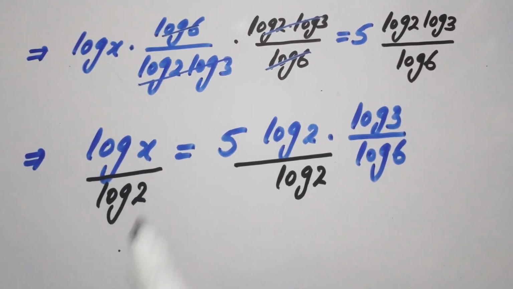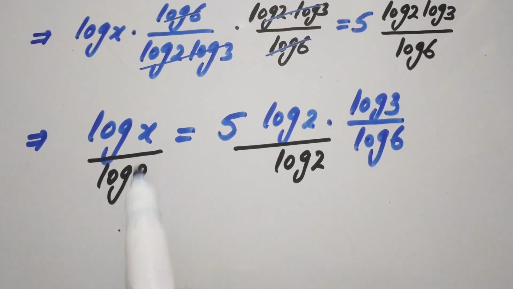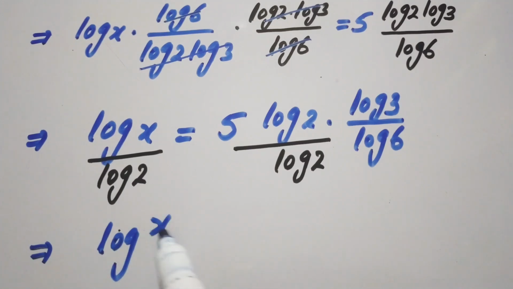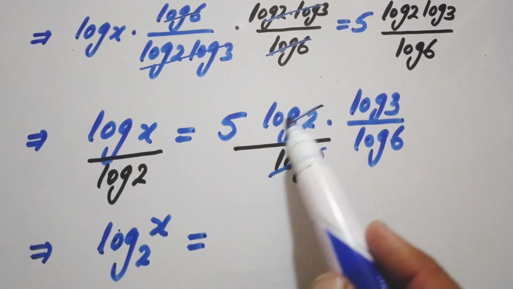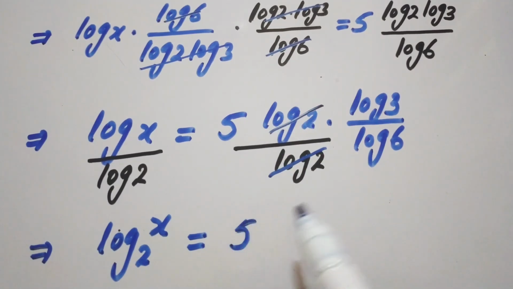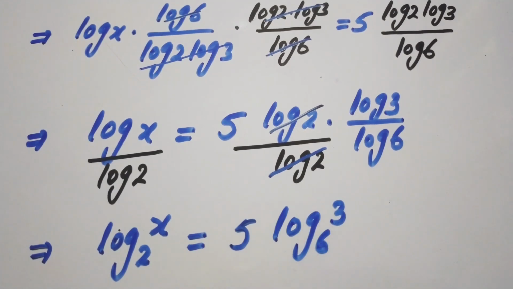As we have discussed, from a logarithmic property, if we have log of m divided by log of n, this is equal to log of m to the base n. Here log of x to the base 2 is equal to 5, as log of 2 and log of 2 cancel out, and this will become log of 3 to the base 6.